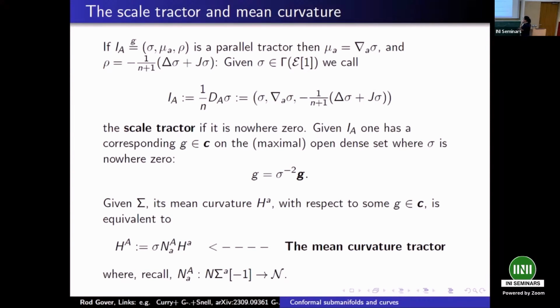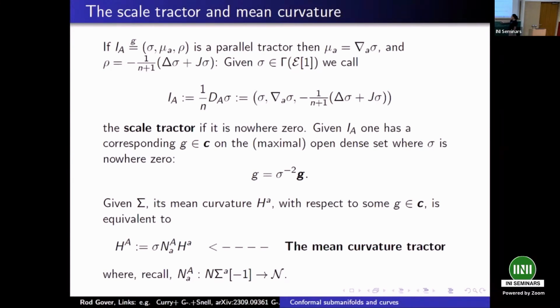All right. So now, given a submanifold, if you have a metric, then you get a mean curvature, and you can turn it into a tractor by using this NA thing we wrote before. This was the thing that gave the isomorphism between the normal bundle and the tractor version of the normal bundle.